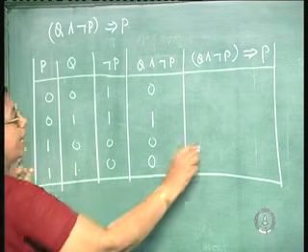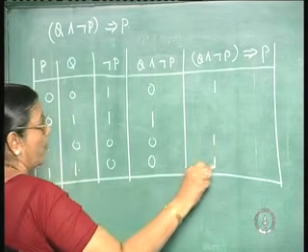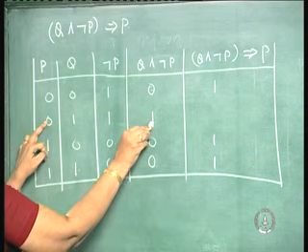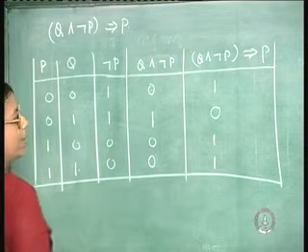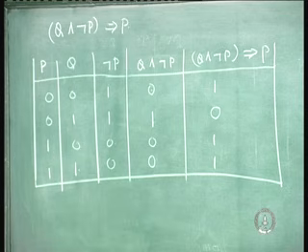When is the implication true? When the premise is false, the implication will be true. And in this case, the premise is true and the conclusion or the consequence is false. So in that case, you know that it is false. So this is the truth table for Q and not P implies P.